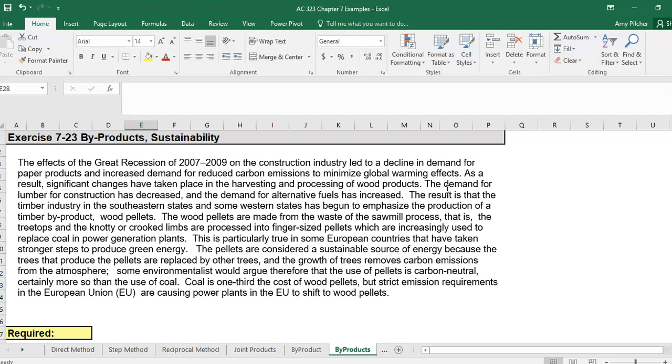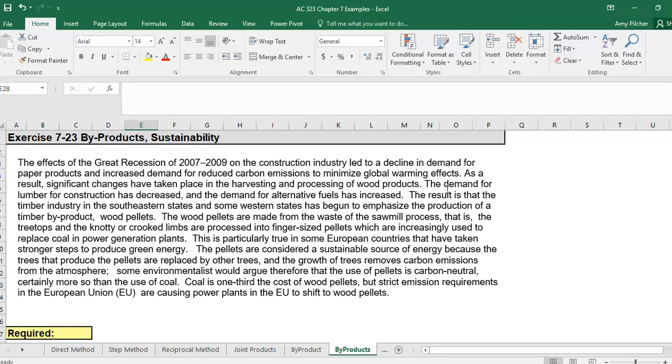So significant changes took place in the harvesting and processing of wood products. The demand for lumber for construction decreased and the demand for alternative fuels increased. The result is that the timber industry in the southeastern states and some western states began to emphasize the production of a timber byproduct in wood pellets.